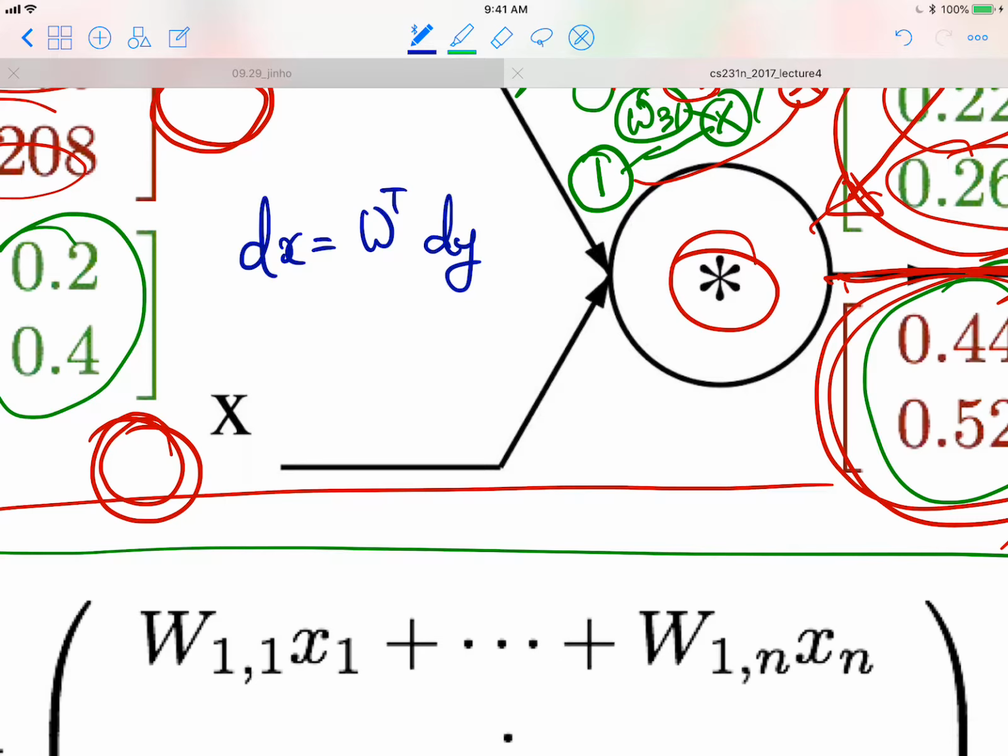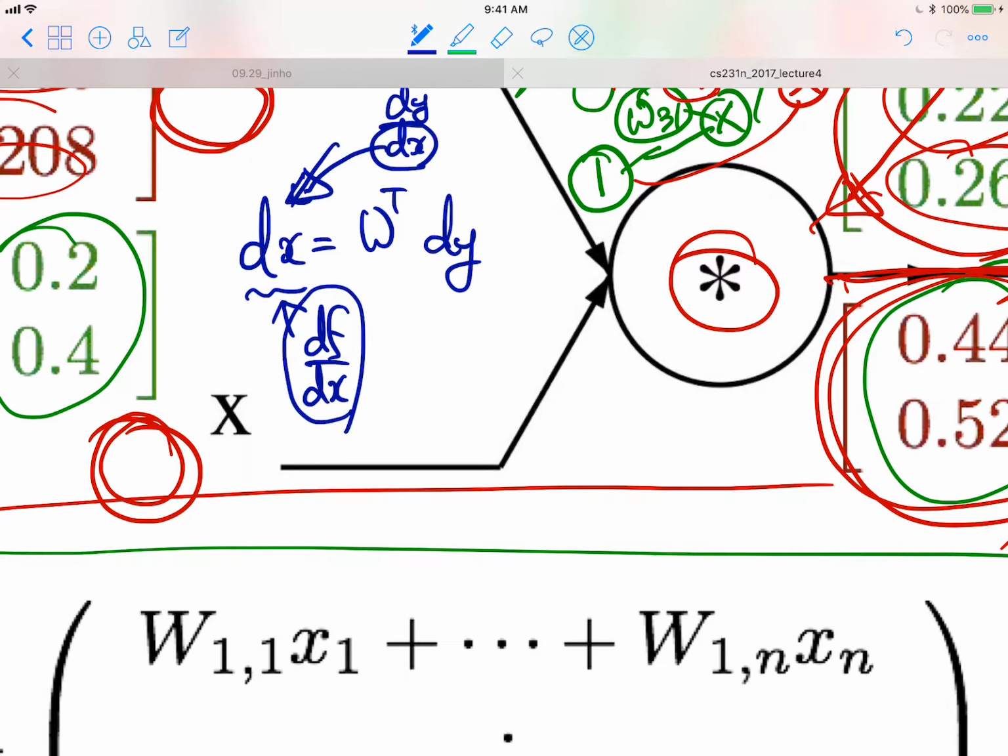One thing I want to note here is that this is not really dx. Its meaning is df over dx. It's not like dy over dx. The numerator is fixed as our final loss function f, and it means the partial derivative of our loss function with respect to a different variable.